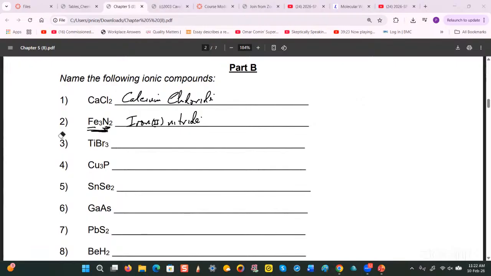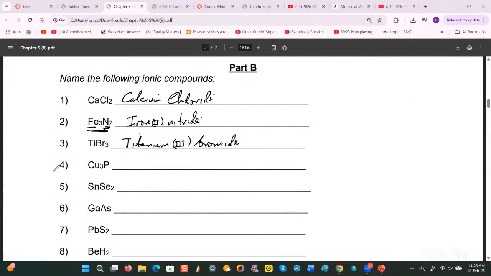So what charge is carried by the titanium ion? +3. So therefore, the name of this compound would be titanium(III) bromide. All right. Okay, very good.